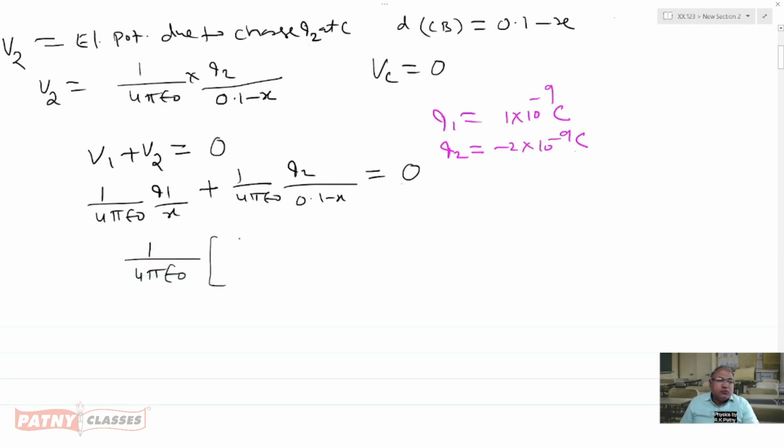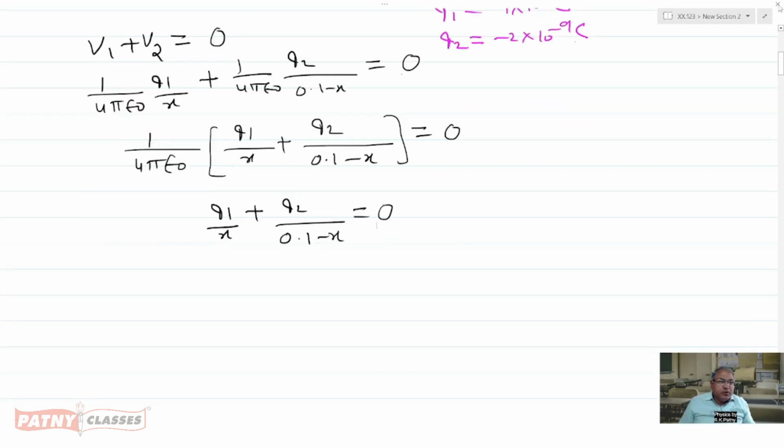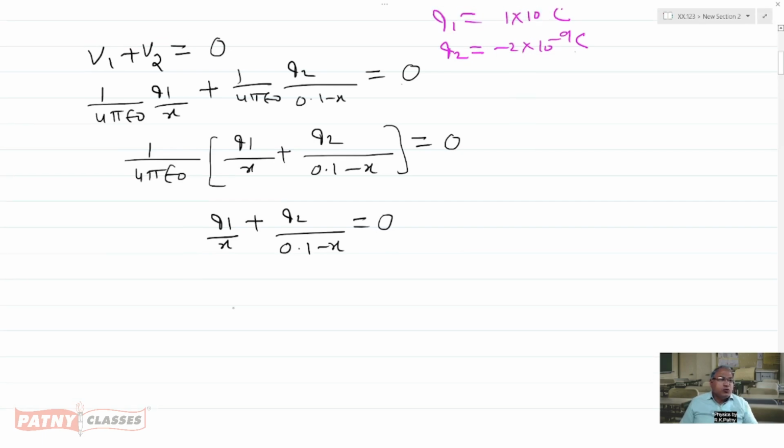So Q1 upon x plus Q2 upon 0.1 minus x equals 0. Now we can put the values: 1 into 10 raised to minus 9 upon x, and minus 2 into 10 raised to minus 9 upon 0.1 minus x, equals 0.